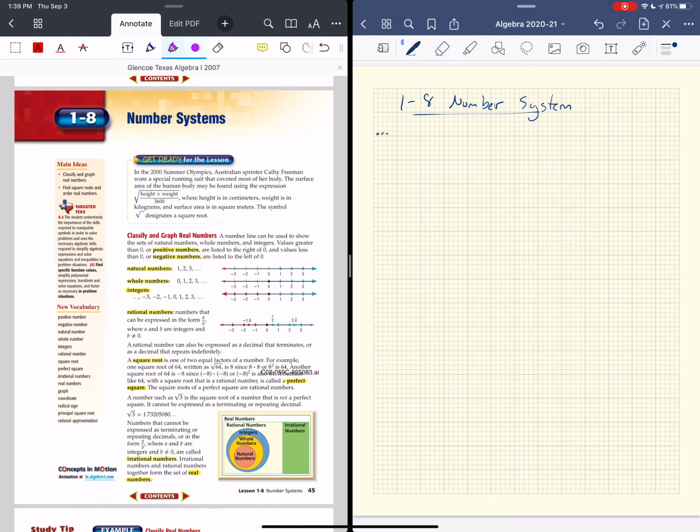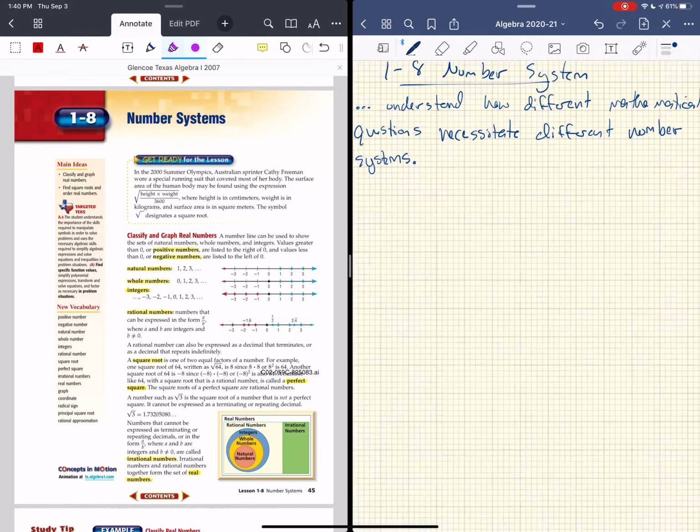We want to understand how different mathematical questions yield, or should we say, necessitate, make necessary, different number systems.